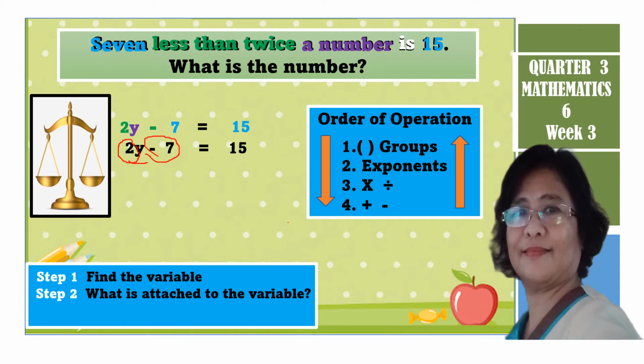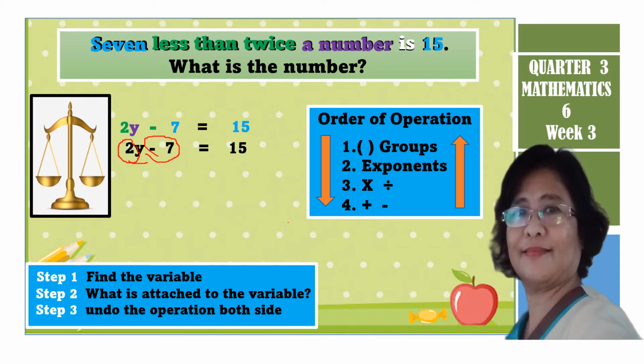So yun ang gagawin natin dito. So we have two operations here. Meron tayong multiplication at subtraction. Pero ang una nating gagawin, because we undo the order of operation, is to subtract.